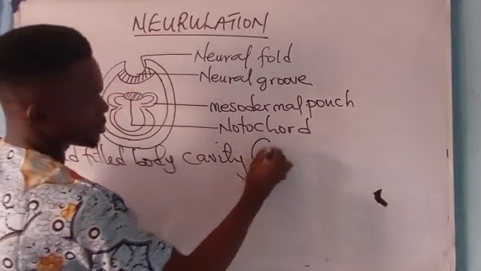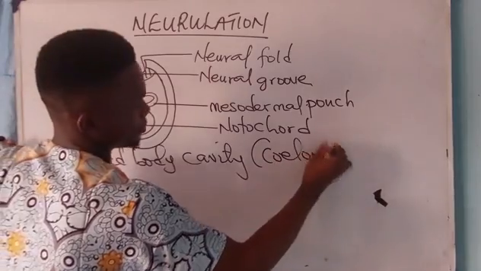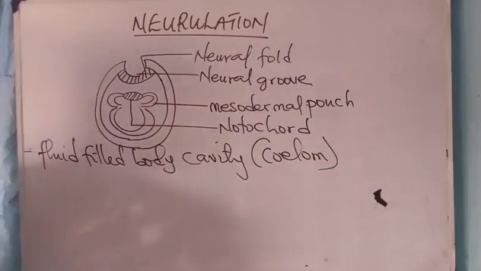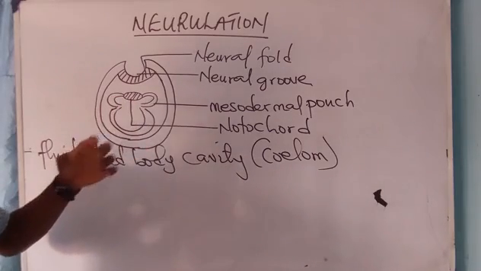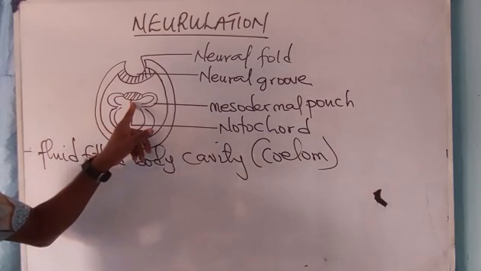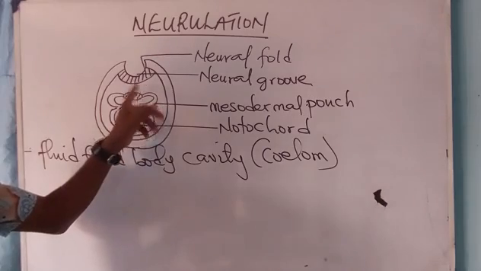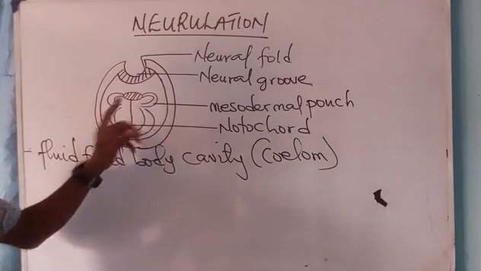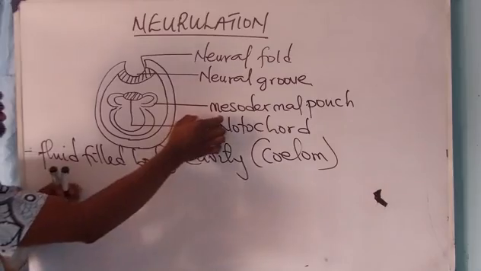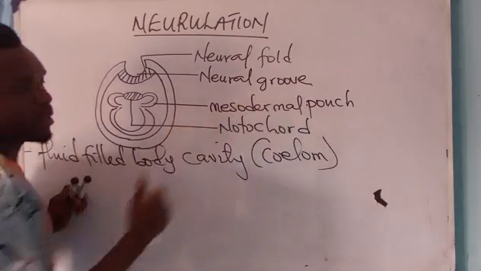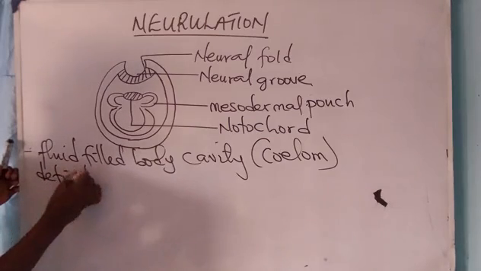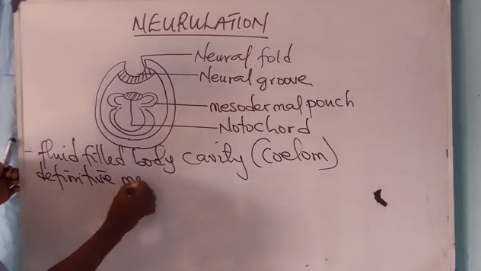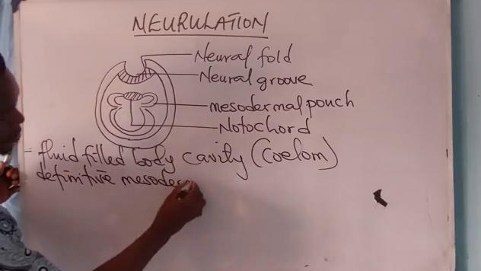You call it the coelom. So the pouch that develops at the upper part of the archenteron gives rise to the mesodermal pouch, or they call it the definitive mesoderm.